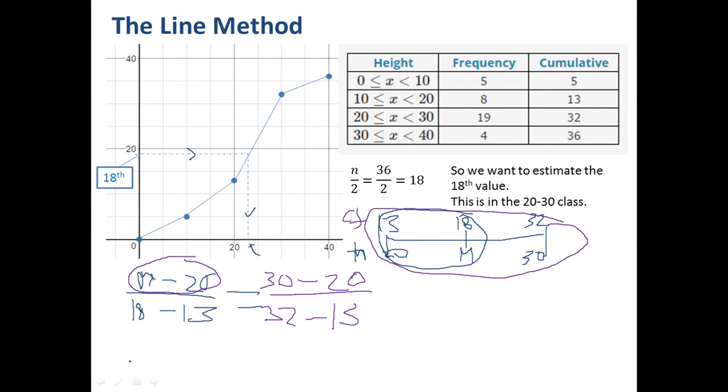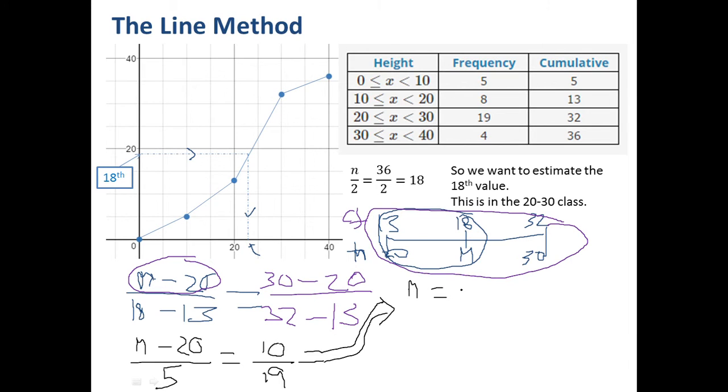And then I need to solve that, so I have m minus 20 over 18 minus 13 is 5, equals 10 over 19. So that means we get that m equals 20 plus 5 times 10 over 19.